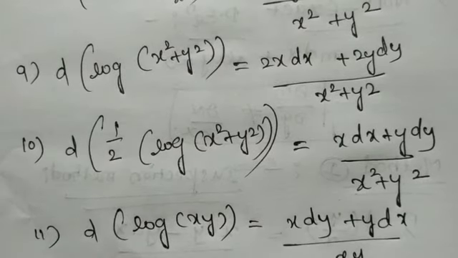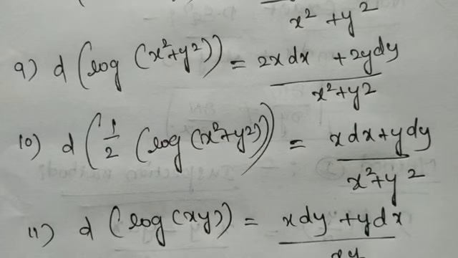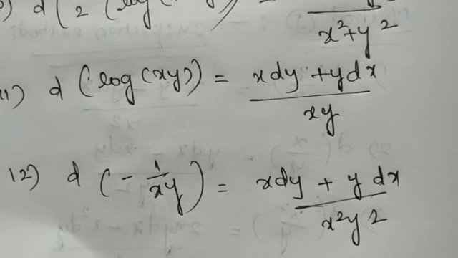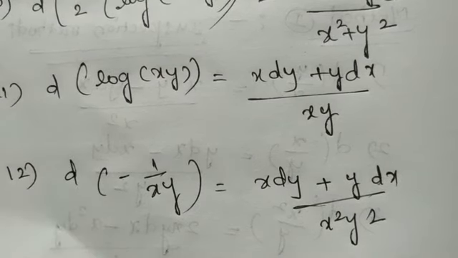Next one, d of minus 1 by xy equals x dy plus y dx by x square y square. So these are the formulas for the inspection method. By using these formulas, we find the integrating factor. Multiplying by the integrating factor on both sides of the given equation, we get the exact differential equation, then we get the general solution.